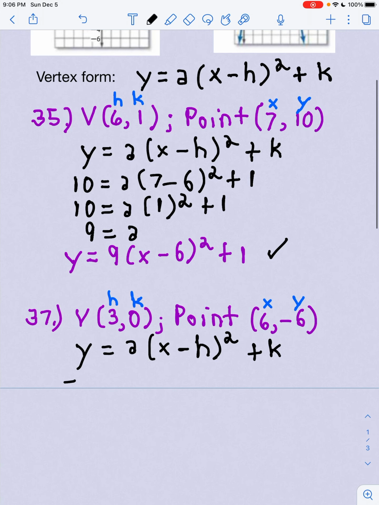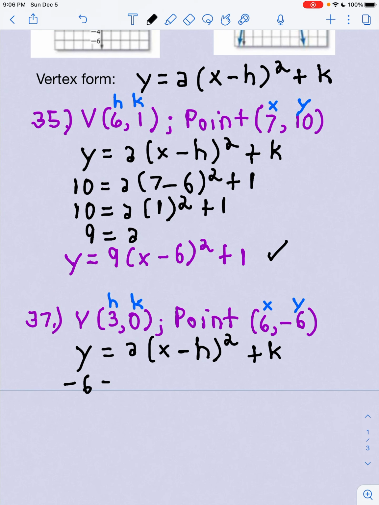So I've got negative 6 equals a, what I'm trying to find, times the quantity 6 minus 3 squared plus k, which here would be plus 0.